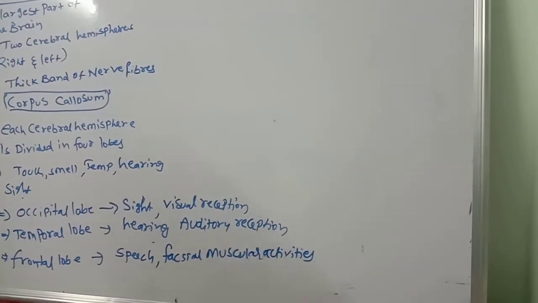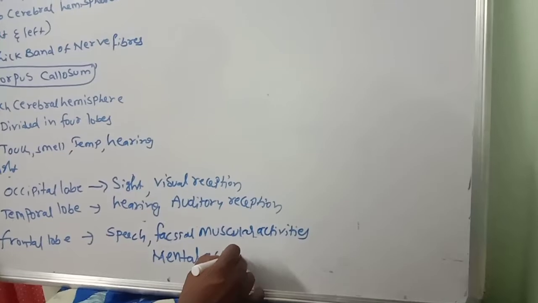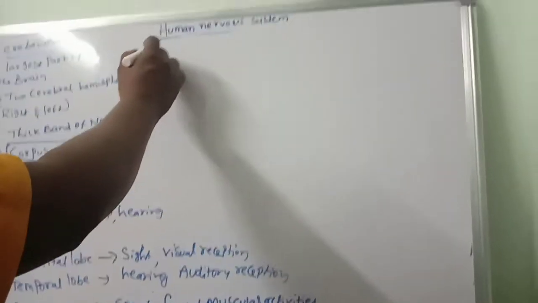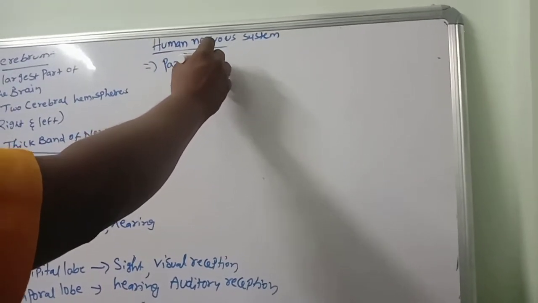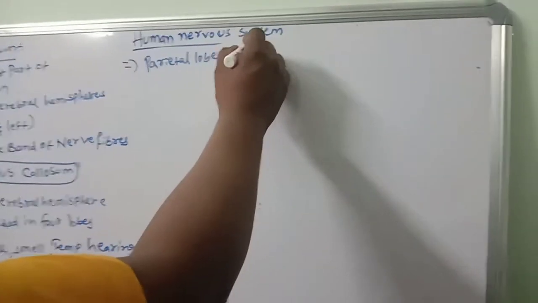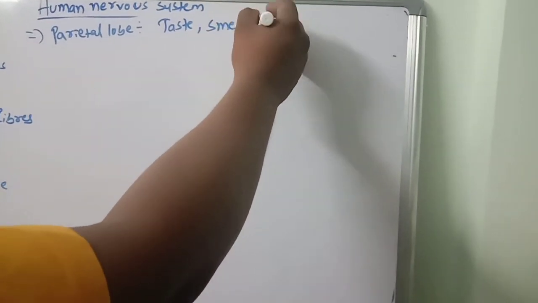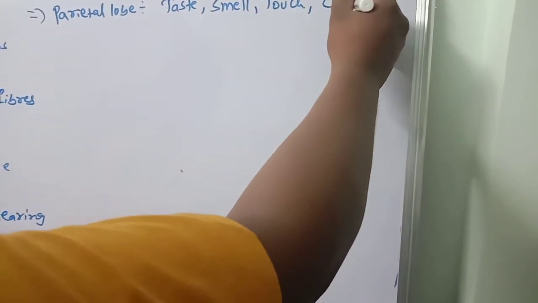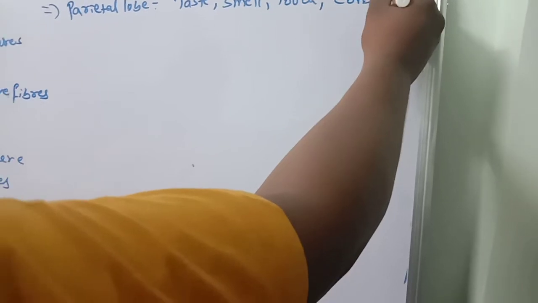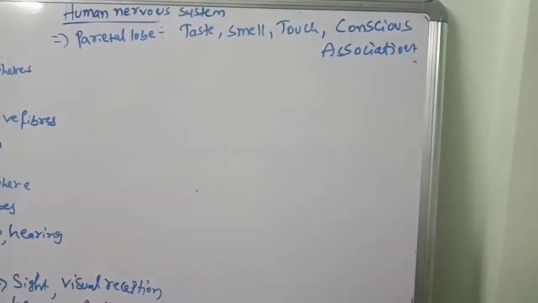The next lobe is the parietal lobe. Please remember all these lobes. This is the region for taste, smell, touch, and conscious association.